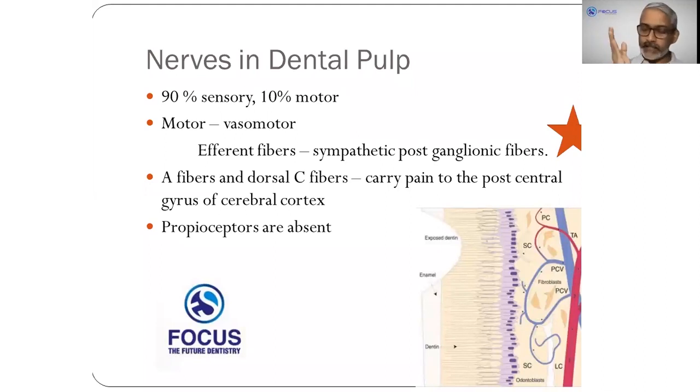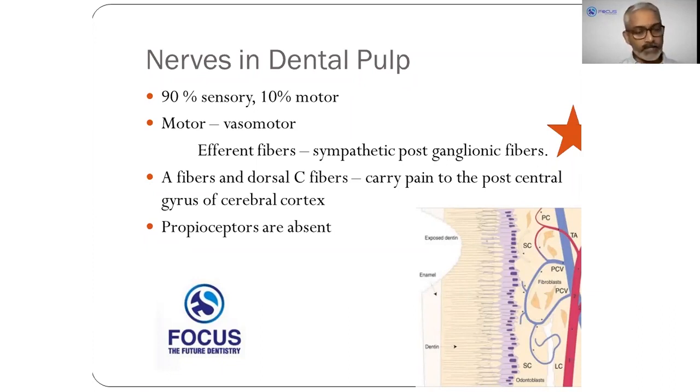And there are two types of sensory fibers inside the dental pulp. These are the A fibers and the C fibers. The C fibers, they carry pain to the post-central gyrus of cerebral cortex.